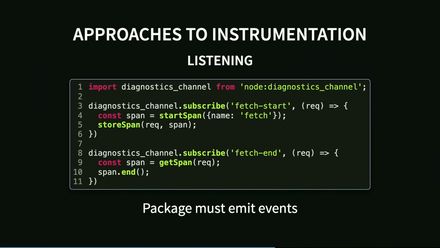So in the case of, for example, the server-side node fetch library, OpenTelemetry can listen to diagnostics channel messages, which is just basically kind of a nice way for libraries to emit certain signals, and then whatever is listening to it can pick up those signals and extract some data out of it. So this is a very simple example here, but essentially that's what the OpenTelemetry instrumentation for node fetch is doing. The big thing here is the library or the package we want to instrument actually has to emit these signals. And unfortunately, not a lot of libraries do this nowadays.